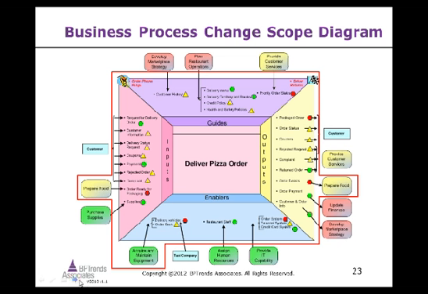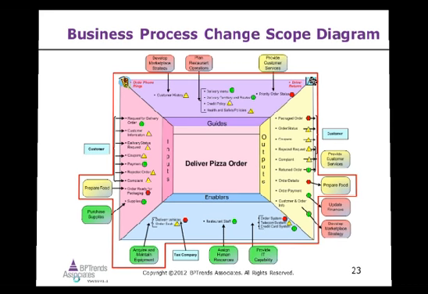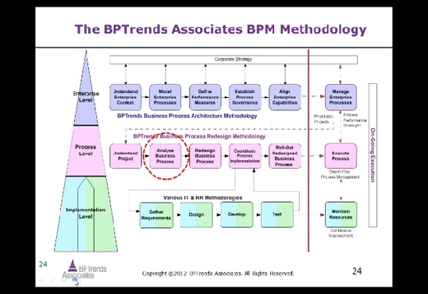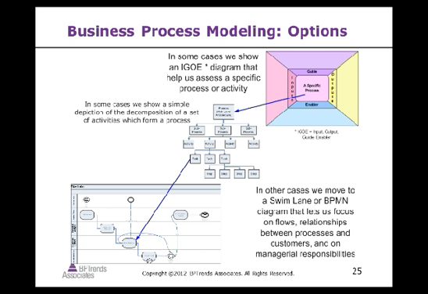So other processes may be pulled into your project in order to deliver the performance improvement that you're aiming for. So once we have that nicely laid out as scope, and by the way, you learn a lot, even at one IGO level, you learn a lot about where your issues are and what you need to do about them. Let's look at how do we analyze it.